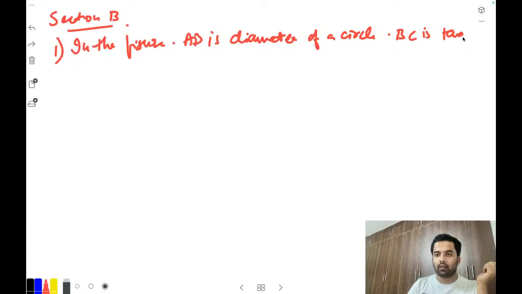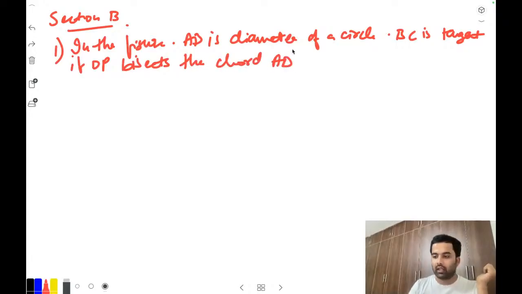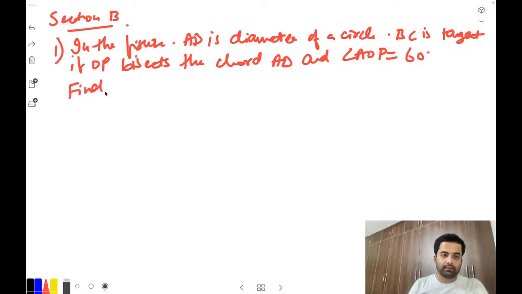BC is tangent. If OP bisects the chord AD and angle AOP is equal to 60 degree. Okay, find angle C. Let me make a diagram first, then only you will proceed.